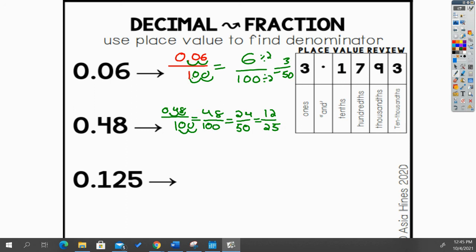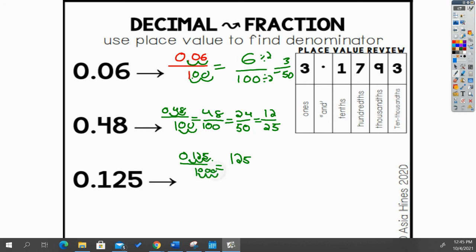We'll do this last one together. Here I have 0.125. Once again, let's take our 0.125. Let's put it on top of the number 1. For this problem, we'll have to move the decimal over 1, 2, 3 times to get rid of it, making this 125. That's okay as long as I do the same thing to the bottom. 1, 2, 3 times.